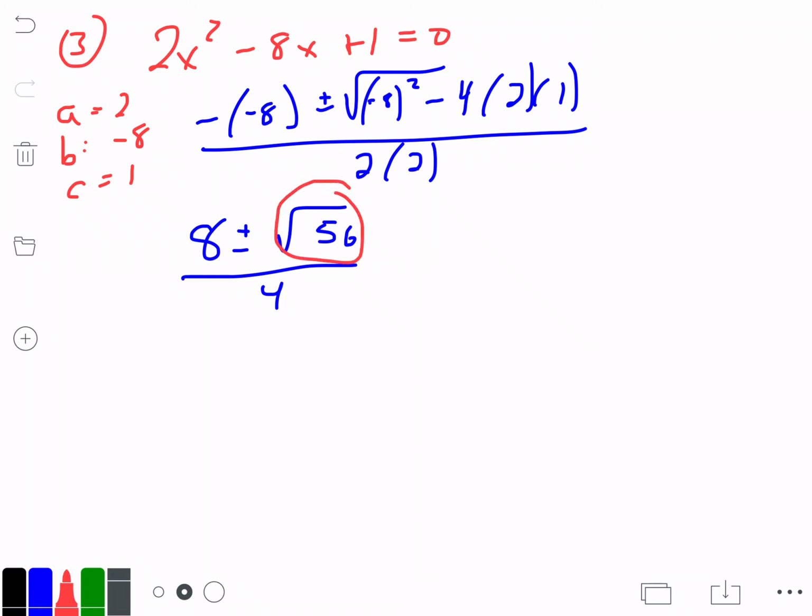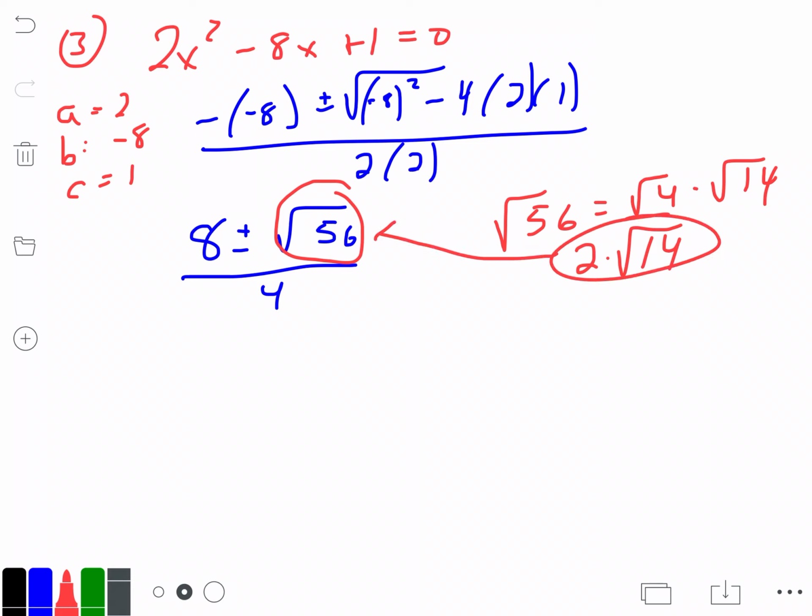So let's see if the square root of 56 has a perfect square in it. I would say it's got a 4 in it, so the square root of 4 times the square root of 14. The square root of 4 is a perfect square, so the square root of 56 is going to break up into 2 times the square root of 14, or just 2 root 14. So instead of 56, you're going to put 2 root 14 in there.